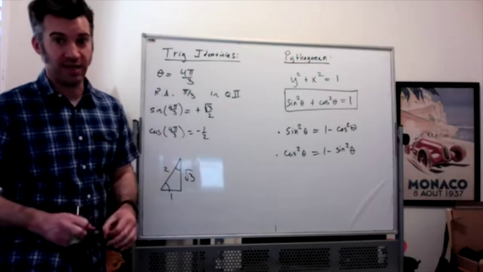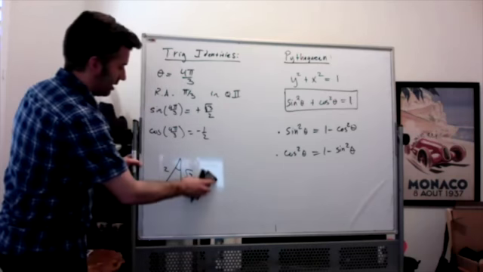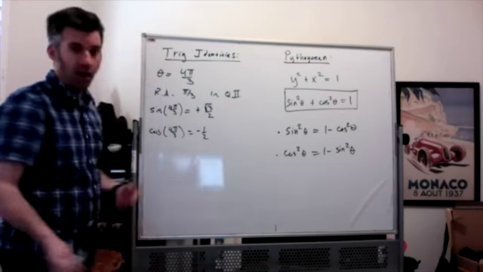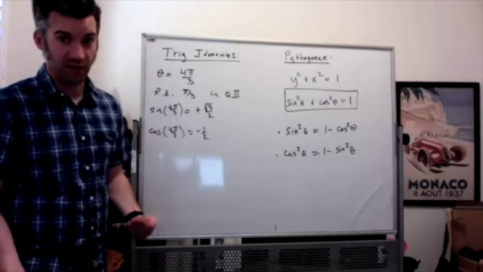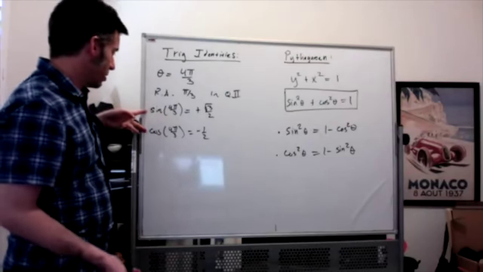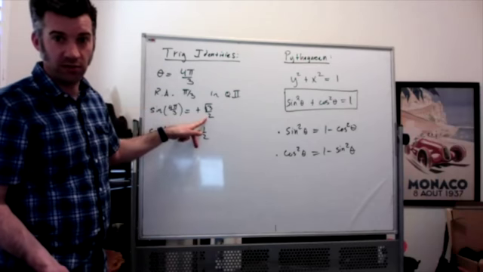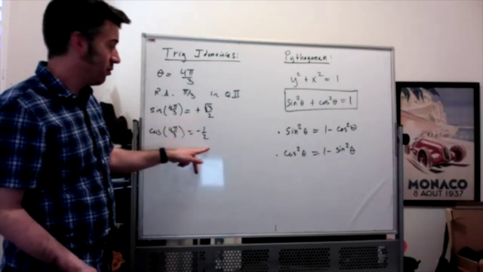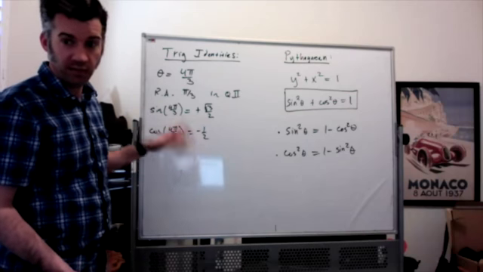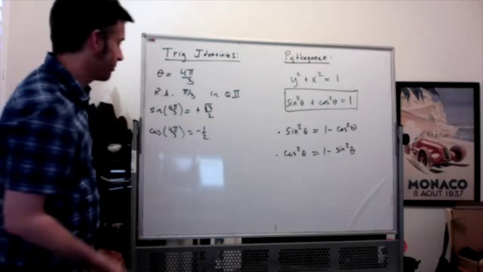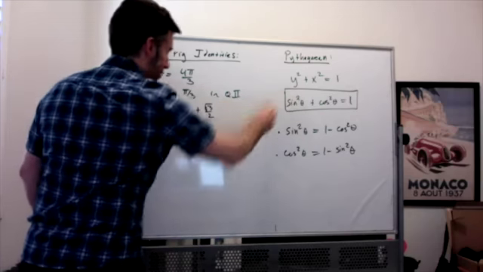What I'm really trying to say is that if you have an angle with a reference angle of pi over 3 or pi over 6, you always get these two values for sine and cosine. One of them is a root 3 over 2, positive or negative. One of them is a 1/2, positive or negative. They always go together.